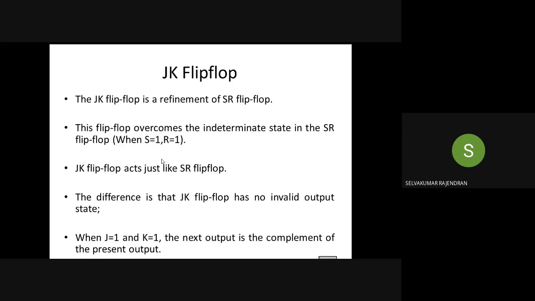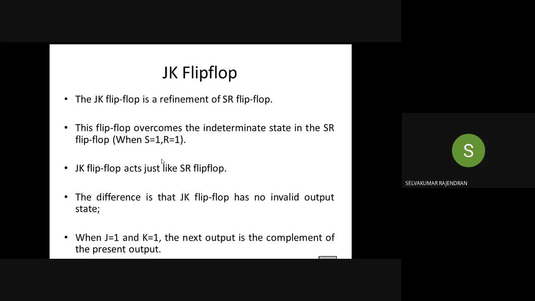So when you are applying logic 1 on each input, J equal to 1 and K equal to 1, for example, if the previous state value of Q is 0 and Q bar is logic 1, then this Q and Q bar value will be complemented.